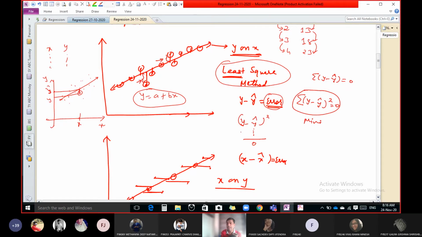It is not possible, sir, I think. Okay, can you tell me why it is not possible? Yes, you are right. Because, sir, whenever we take the square, the minus will be converted into the plus sign.